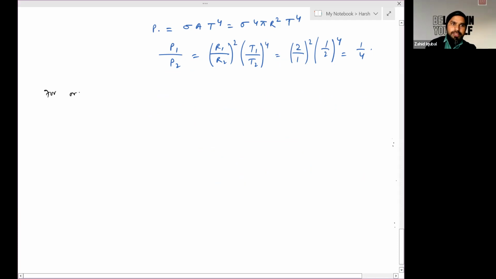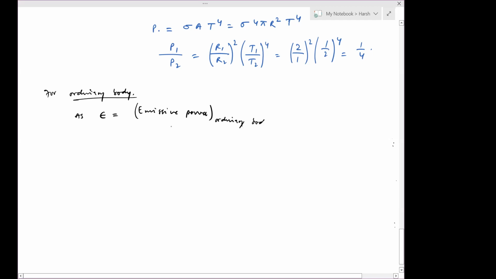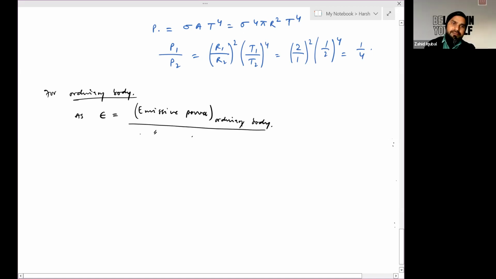For any ordinary body, emissivity is equal to emissive power of any ordinary body divided by emissive power of black body.